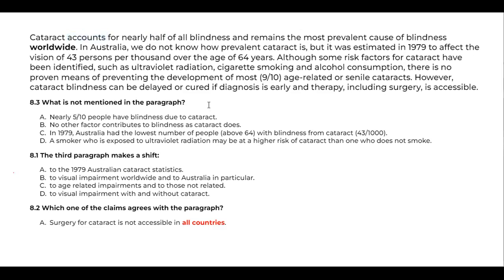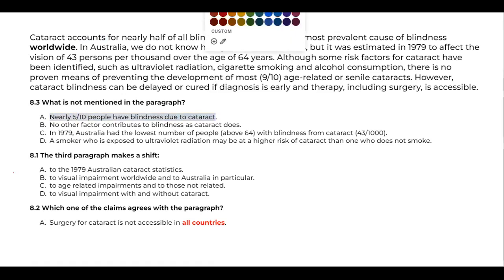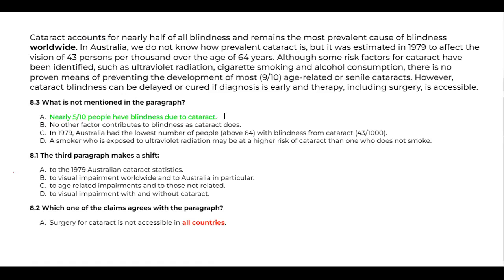So can we say that nearly, yes, 5 out of 10, yes, half people, yes, have blindness, yes, due to cataract? Yeah, exactly. That is completely a mentioned statement. We are looking for the not mentioned statement.